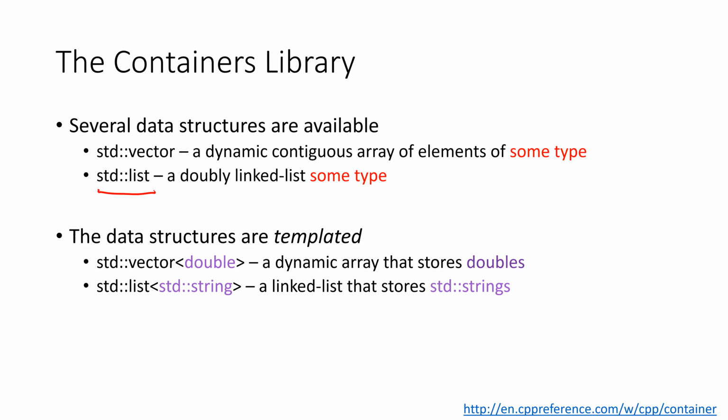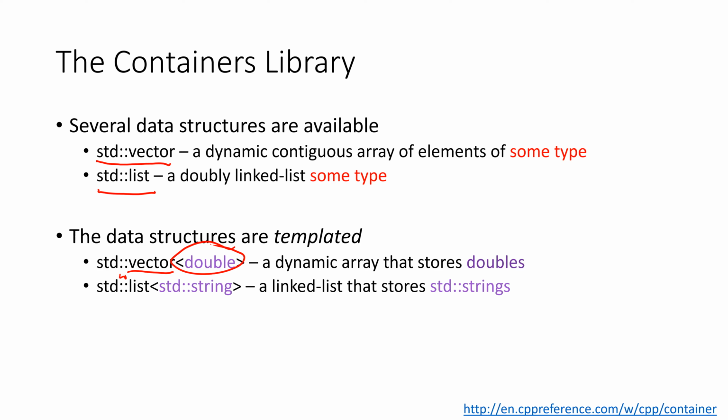There's another very important container class called vector, which is what I'm going to talk about. Vector is basically a better array, okay? And I recommend that you use vector instead of what we call C-style arrays in this course, and probably generally in your career. What makes the containers library really useful is that all the data structures are templated. So vector, as I said, is like a better array, and you can store anything in it.